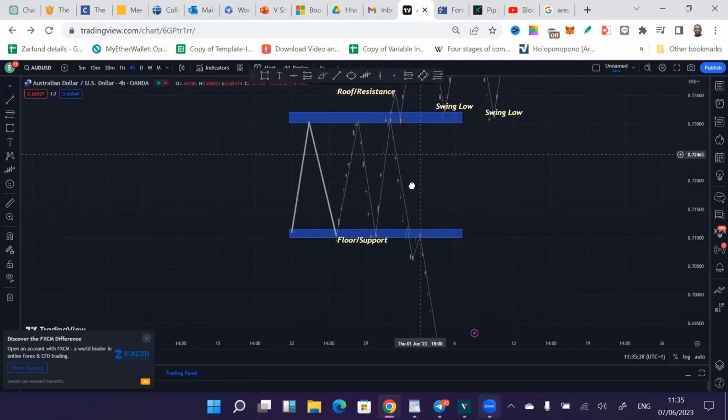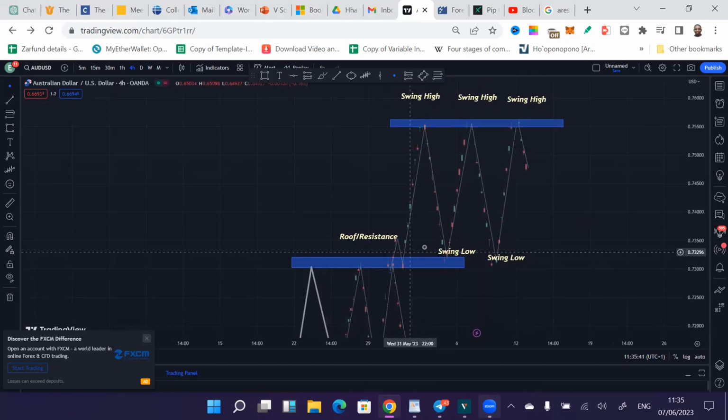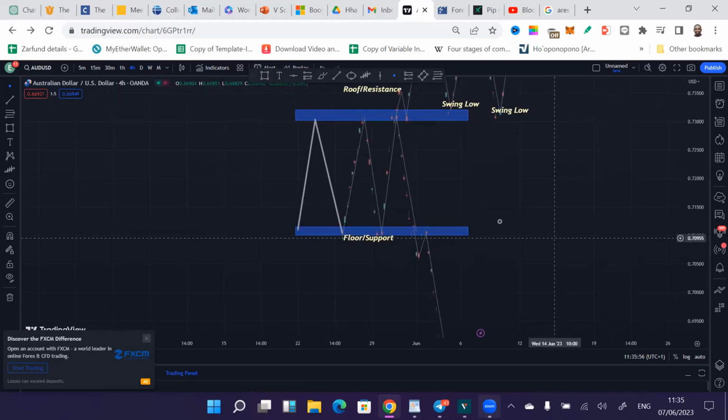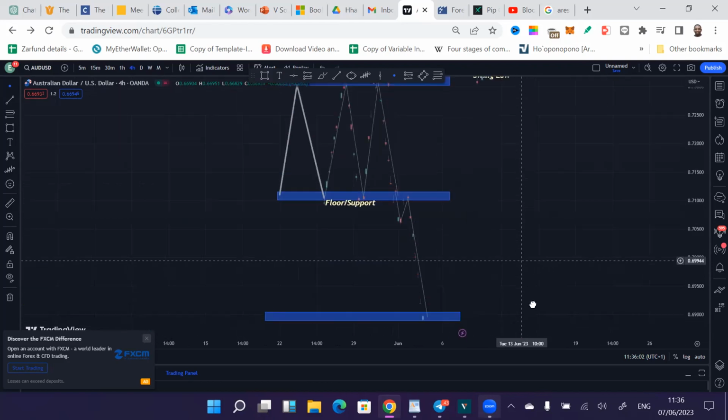But we also said that support and resistance can be broken. If a resistance gets broken, price continues to go up. If a support gets broken, price continues to come down, just like in this case. Support was broken, price keeps coming down.